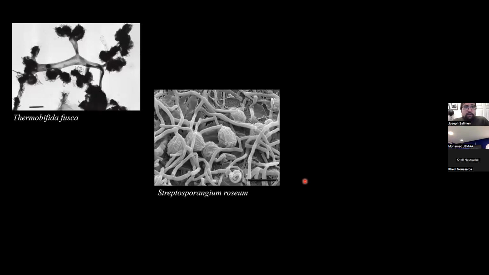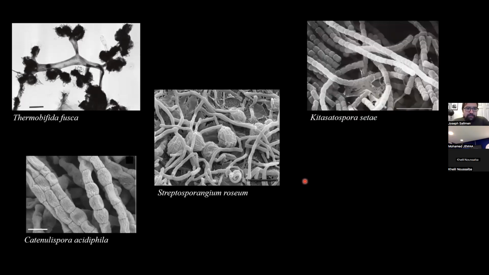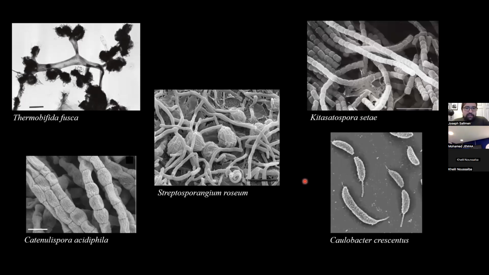Here I'm showing you Streptosporangium and Thermobifida, which make large fruiting bodies that produce cells of different types. Chainia and Catenulispora acidiphila make spores. And then, of course, there's Caulobacter crescentus, which has two different styles of living within one life cycle.